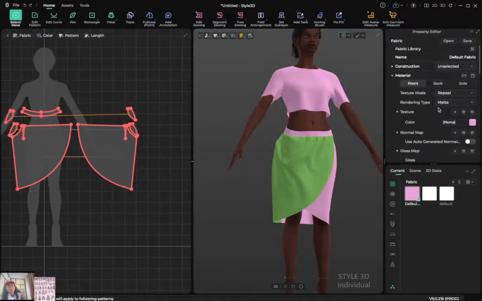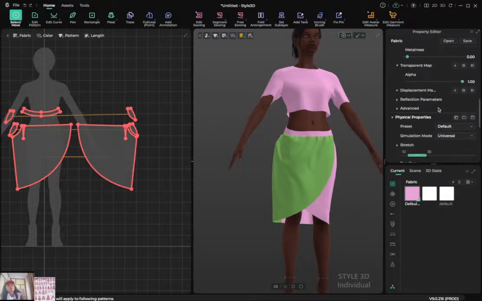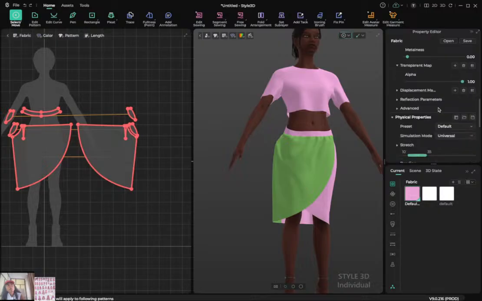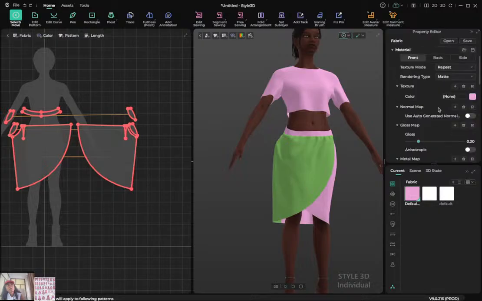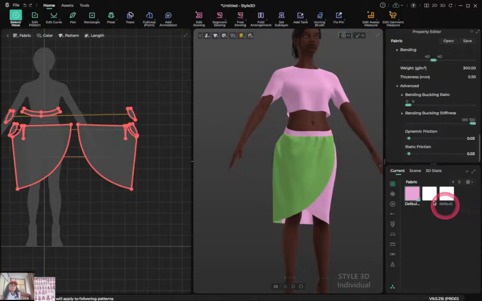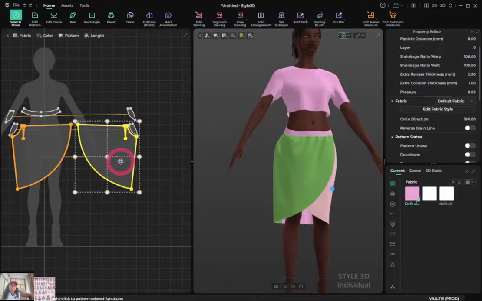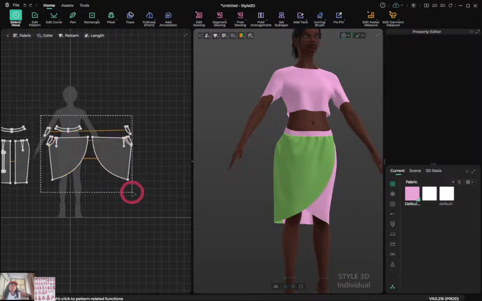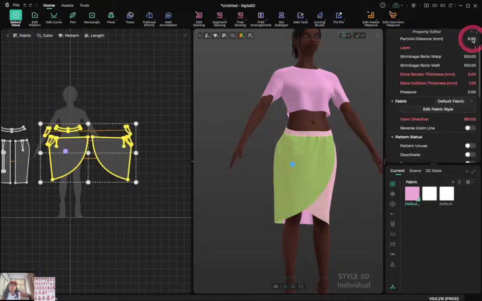Let's make the particle distance bigger. Twenty.